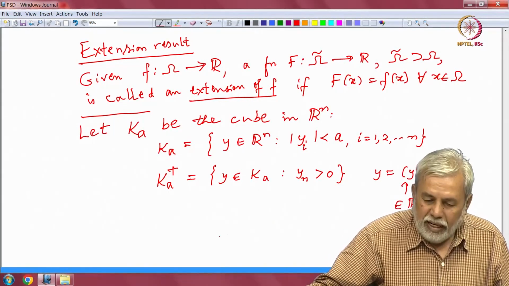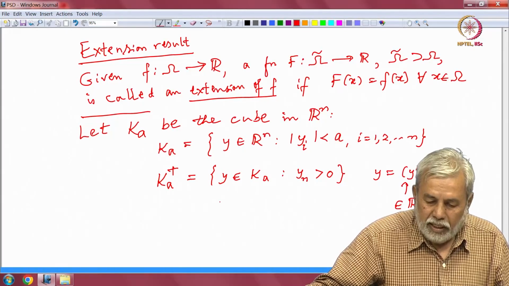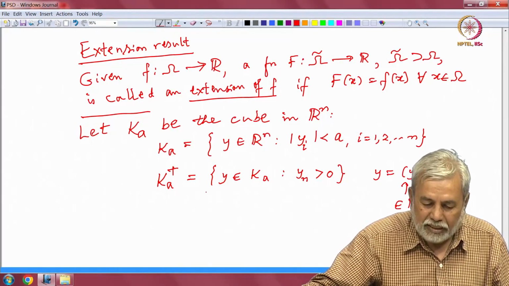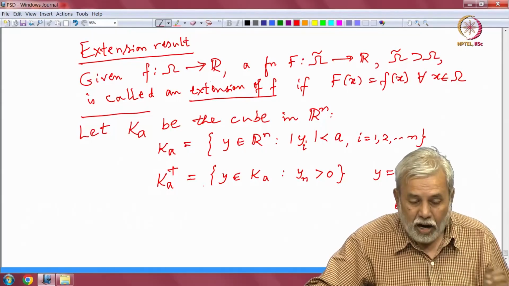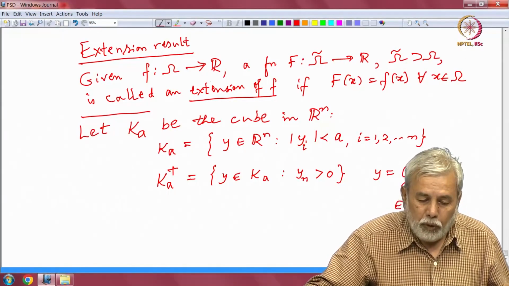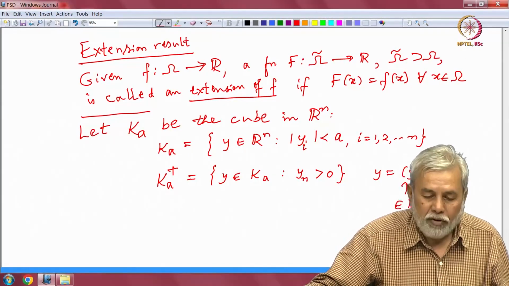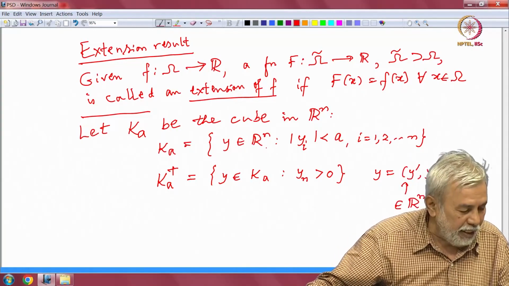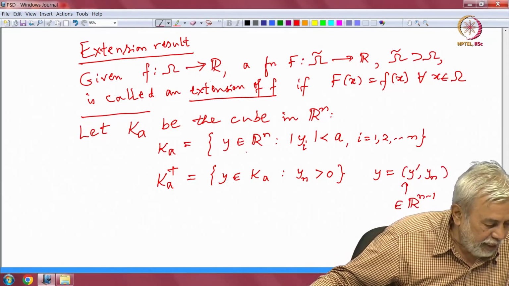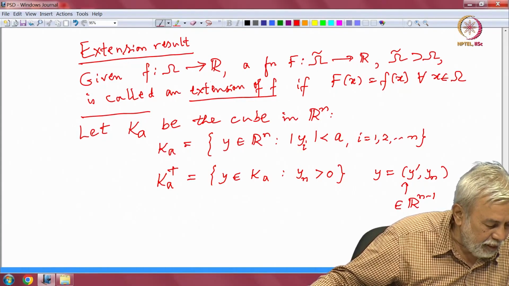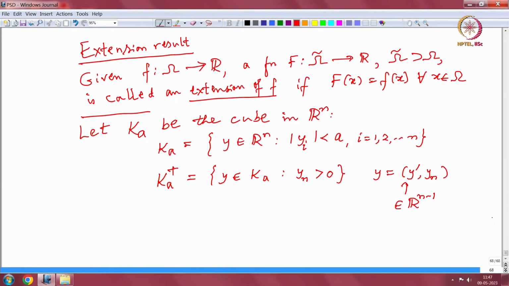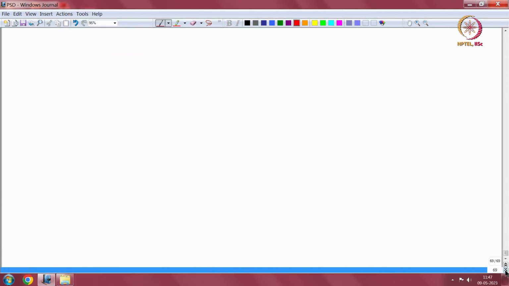Now we will see that, given a function on K_a plus, that is the upper half cube, we want to extend that to the lower half. Let me state that as a theorem, and then I will present a sketch of the proof.